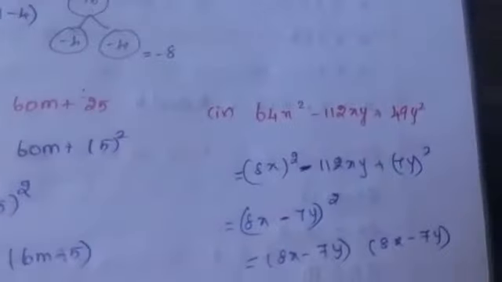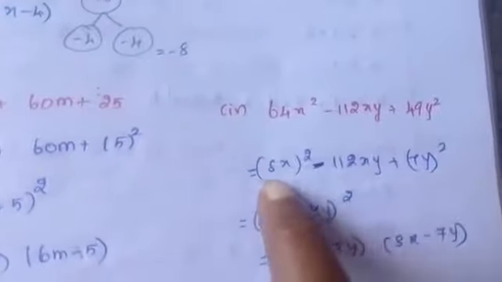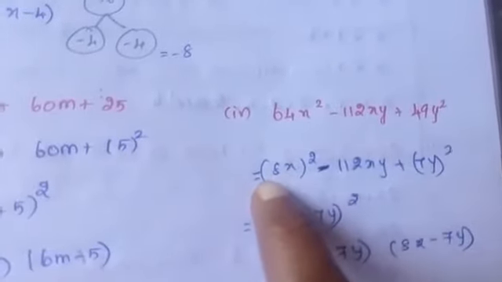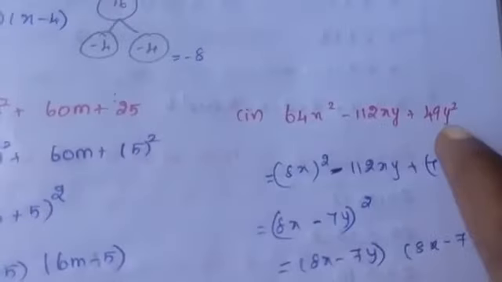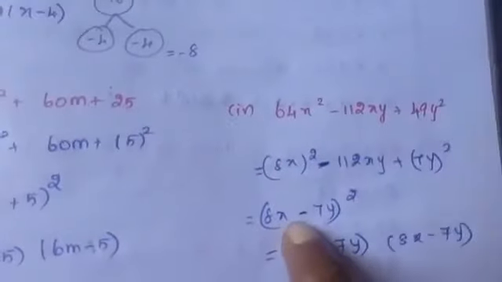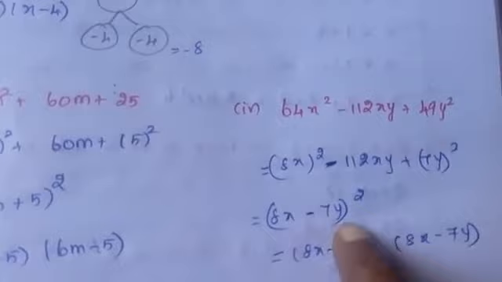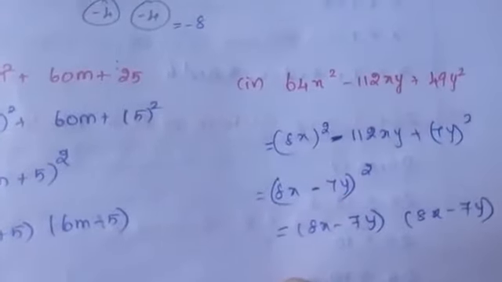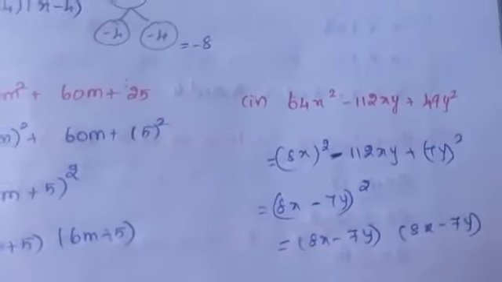The next sum, the same way, 64 can be written as (8x) the whole square, 8 eights are 64. 49 can be written as 7 sevens are 49. In between is minus, so I put it as (8x minus 7y) the whole square. (8x minus 7y) multiplication 2 times. That's all.